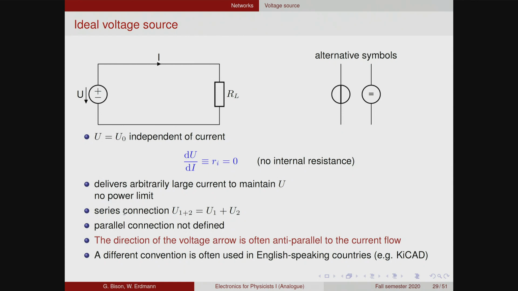Okay, as I said, the direction of the voltage arrow is often anti-parallel to the direction of the current. You see that the current goes this way, and the direction of this arrow here is from plus to minus. Well, a different convention, as said, is used in English-speaking countries, and the program that we recommend to use for the simulations, KiCad, for example, uses a different convention.